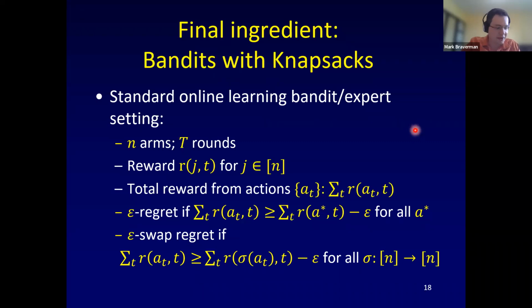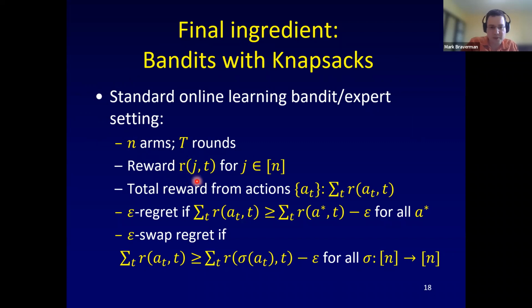So the final ingredient that we'll need for the discussion is bandits with knapsacks. So the standard bandit or expert setting is the following. There are n arms being pulled over t rounds. You get a reward. Sometimes it's a penalty, but let's say it's a reward.